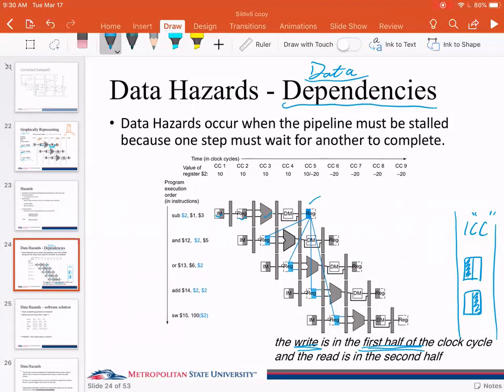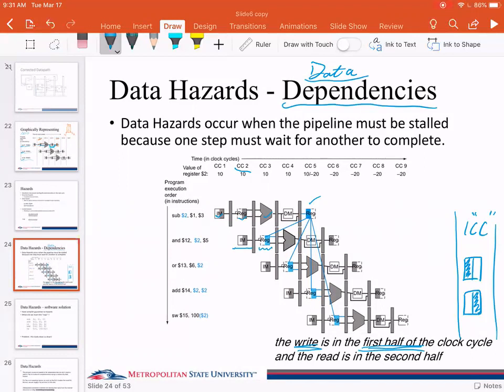And then suppose I want to do AND, using $2 as my input. Ideally, I want to stack the second instruction immediately after the first instruction. So from clock cycle 2, I would like to get the first stage of the second instruction done. However, this will cause a problem, because in the second stage of the second instruction I will need my $2 ready.